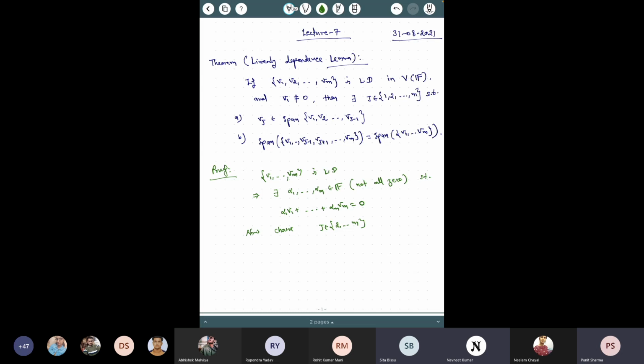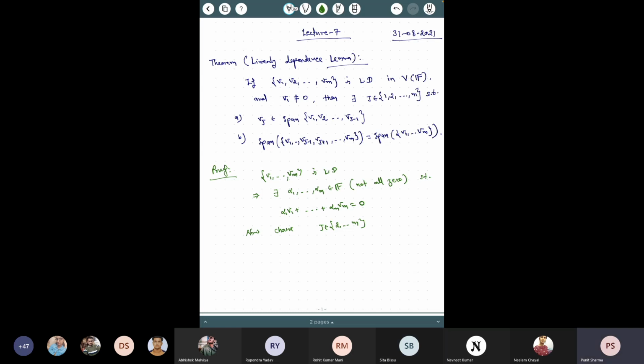Your voice is not clear. See, first read what you want to prove. You are trying to prove that there exists an index j in 1 to m such that vj can be written as a scalar multiple of others.